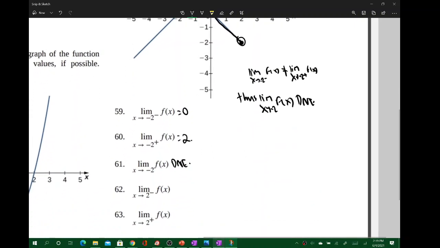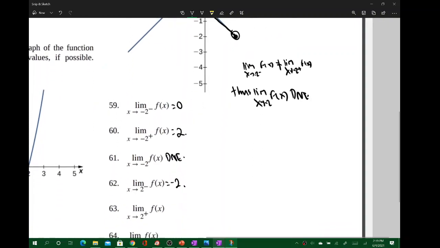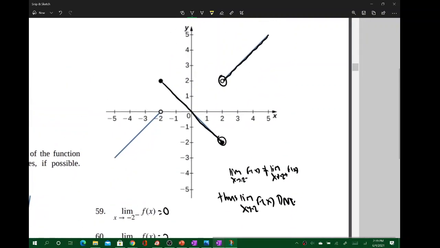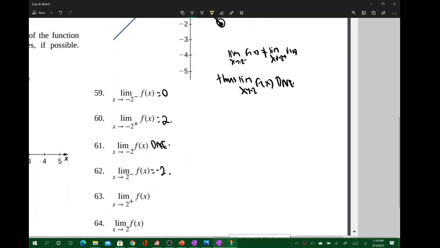So this one is -2. And then it says the limit as x approaches 2 from the right. So from here, we're going to go down to 2. We see that from the right, it approaches 2 because it's from the right-hand side. Okay, so here it's going to be 2.